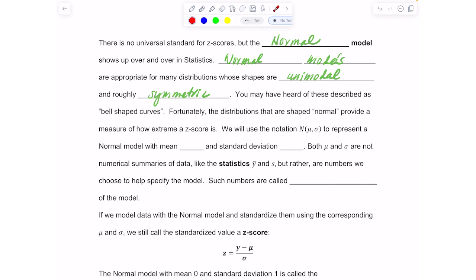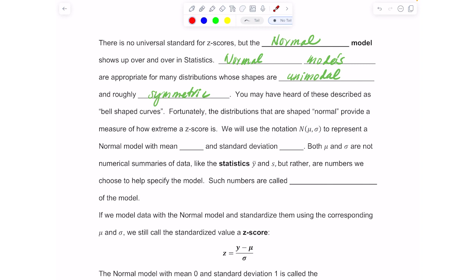It would be unimodal, and there would be symmetry, okay? Anytime you take large populations like the heights of all males, it would come out approximately normal. The weights of males would also come out approximately normal.